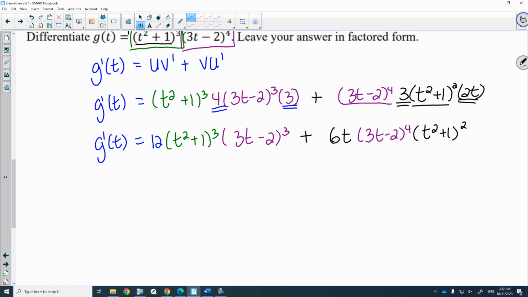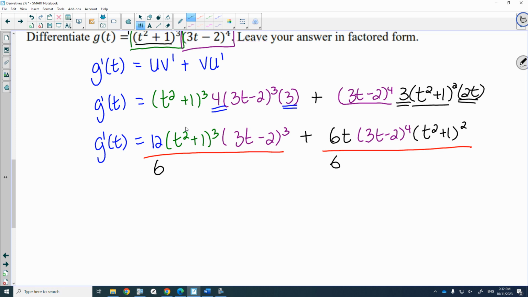Now, where this gets more complex is we could actually factor. And now we're going to be going back to something from pre-calc. So consider this two different terms. Let's draw a line underneath each term. From a 12 and a 6t, what am I going to factor out? A 6. Okay, so I'm just going to put the 6 there. I've got t squared plus 1 to the 3 and t squared plus 1 to the 2.